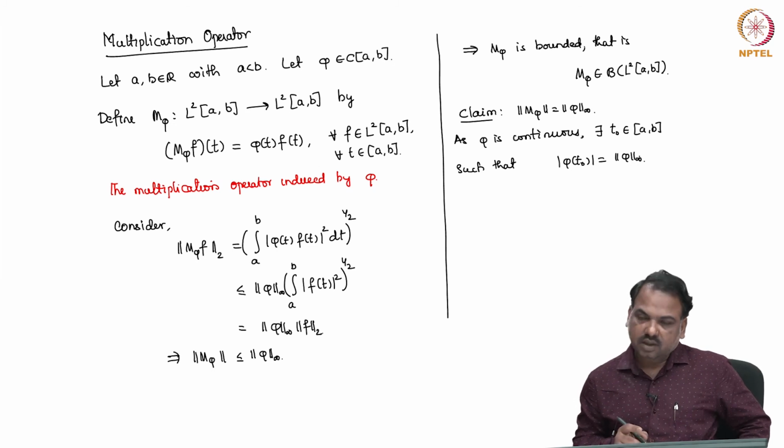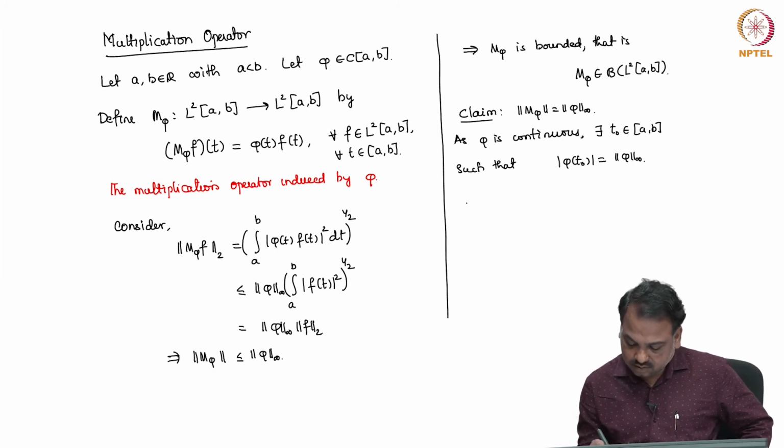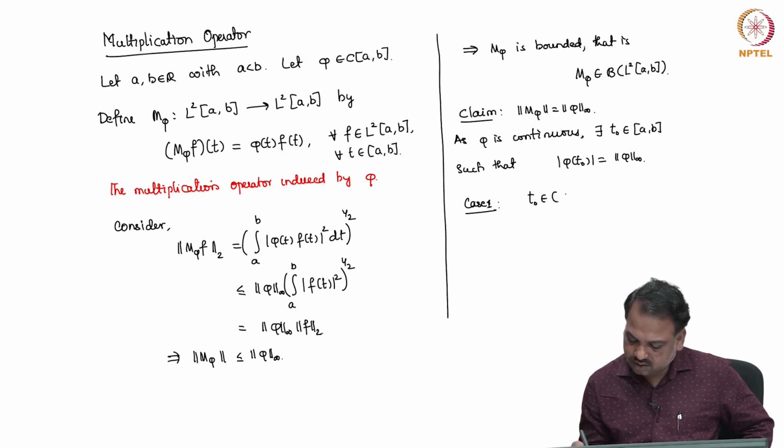Now here we deal with two cases. The first one, case 1: we assume that t naught comes from the interior of the interval.